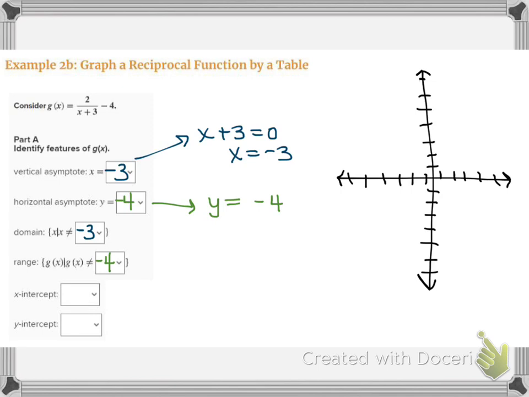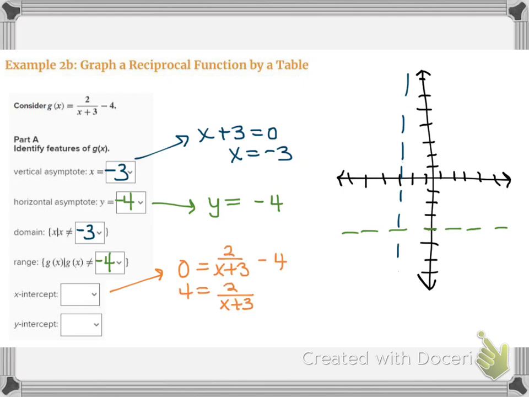With this, I'm going to start building or sketching my graph, starting with the vertical asymptote at -3, and the horizontal asymptote where y is -4. And now I need to find my shape. So let's see if there's any intercepts. To find my x-intercept, I'm going to replace y with 0 and solve for x.